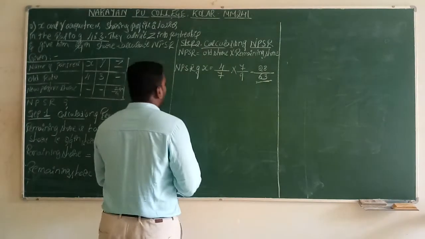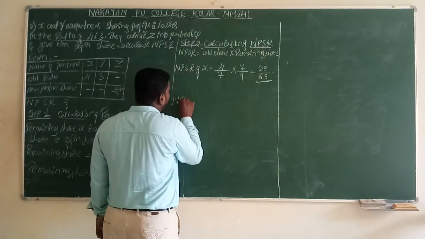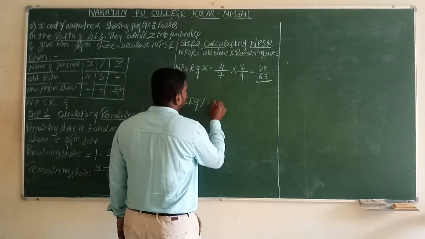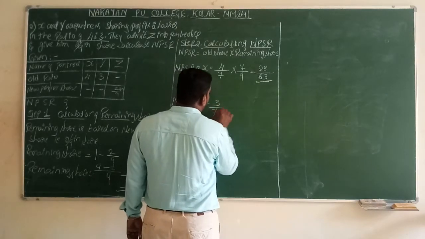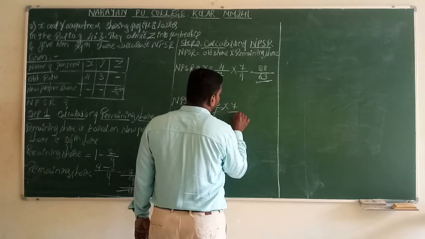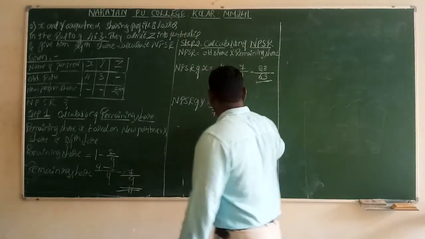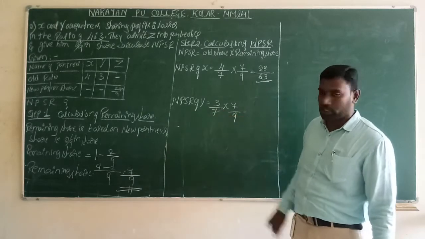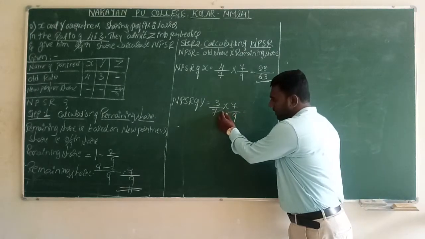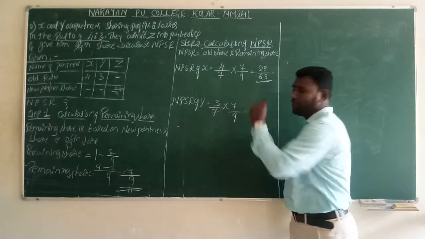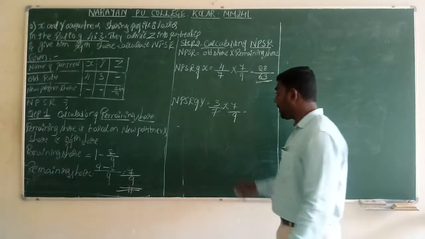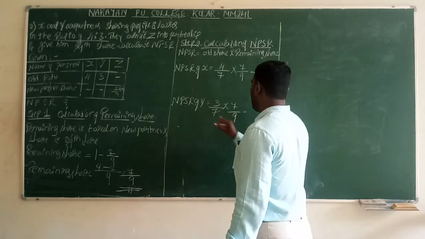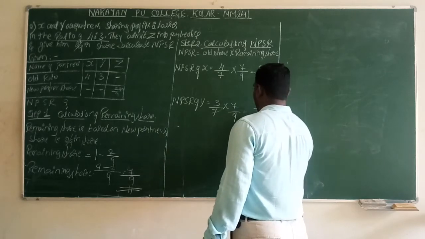Let's come to NPSR, the new profit sharing ratio of Y, which is 3 by 7 into 7 divided by 9. Again, the symbol between the fractions is multiplication, so we multiply numerator to numerator and denominator to denominator. So 7 threes are 21 divided by 9 sevens are 63.